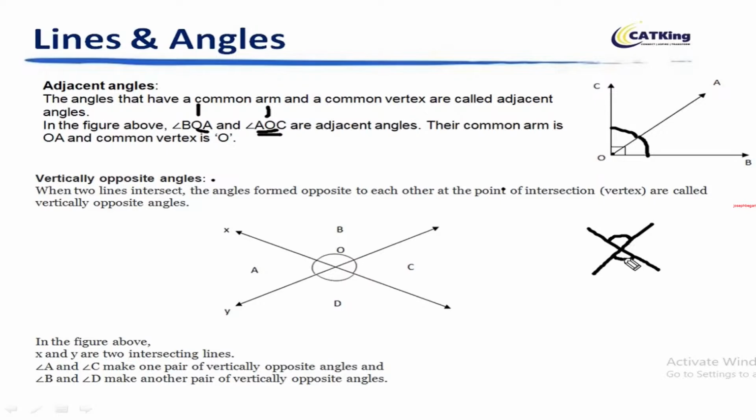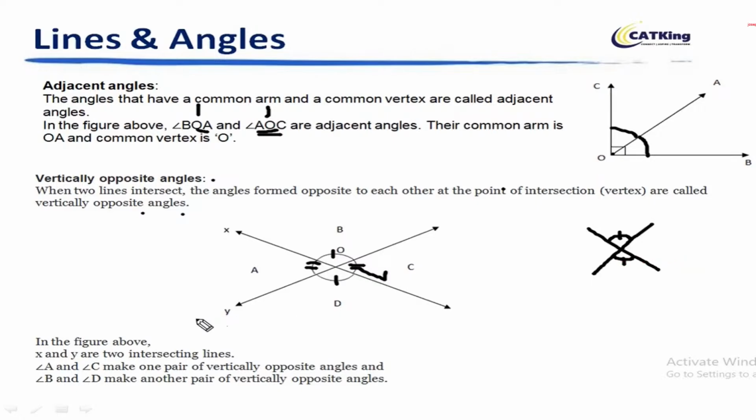The angles formed opposite to each other at the point of intersection, also known as the vertex, are called vertically opposite angles. And it is also a property that these vertically opposite angles are equal. This is a very important property which we will be using while solving a lot of questions. So this one is equal to this one, and this angle is equal to this angle.